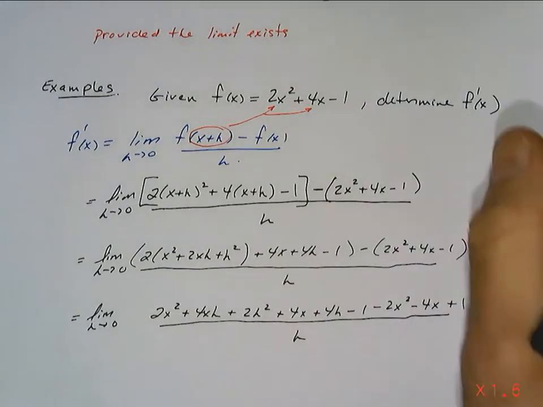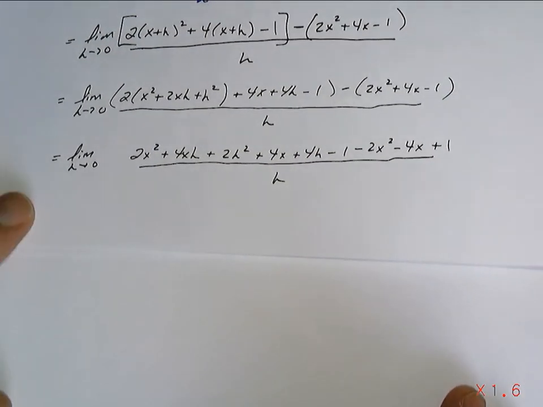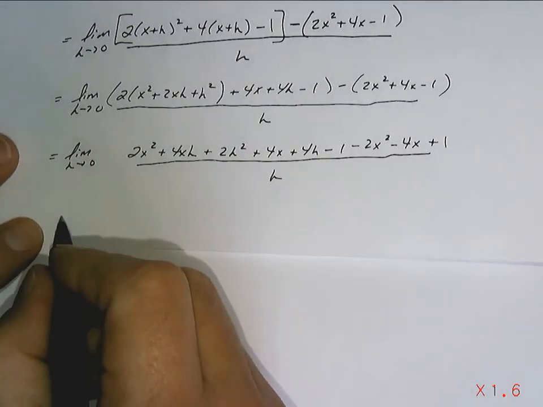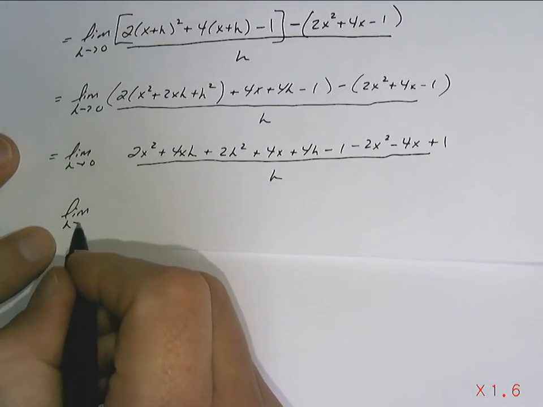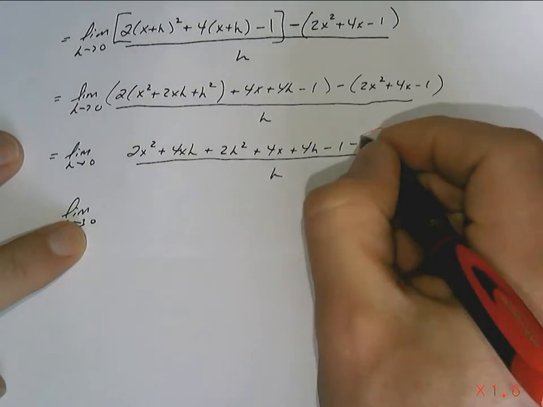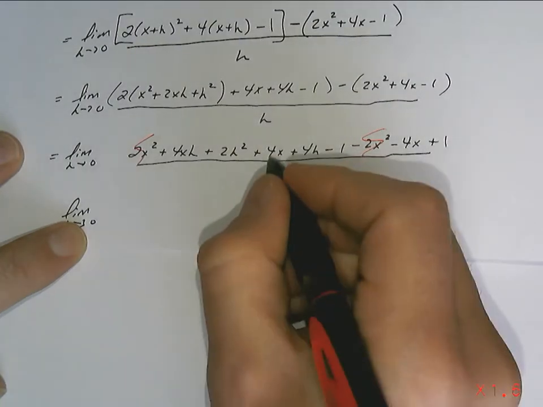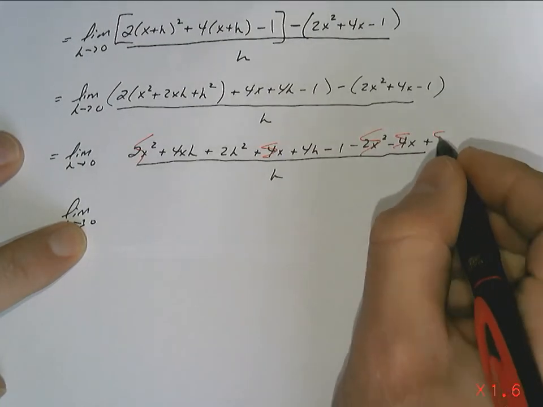Running out of room on this page. Limit as h approaches 0, 2x squared minus 2x squared, negative 4x, positive 4x, positive 1, minus 1.